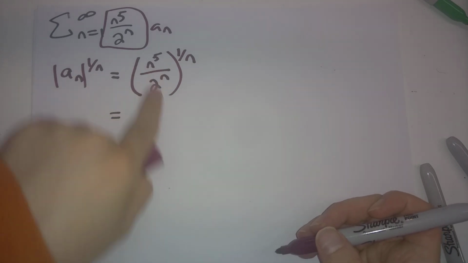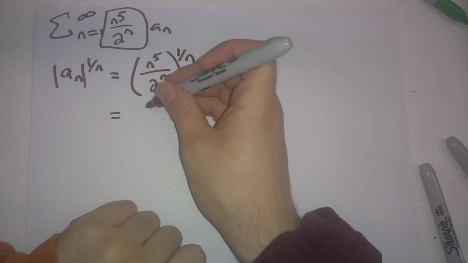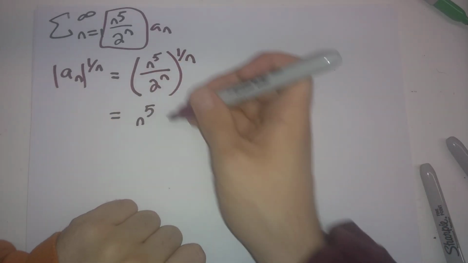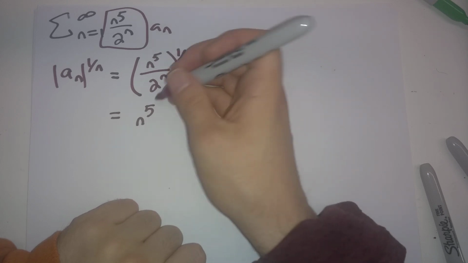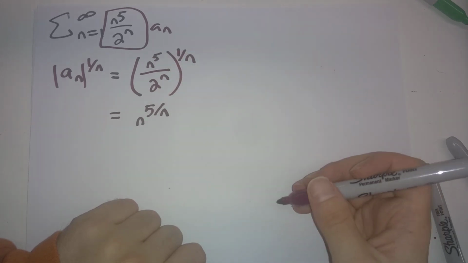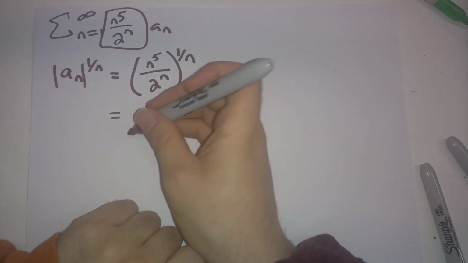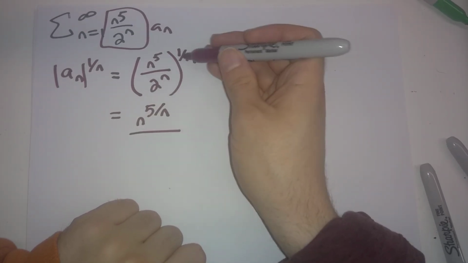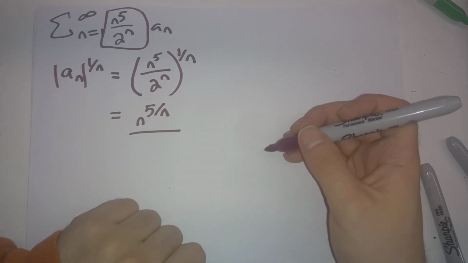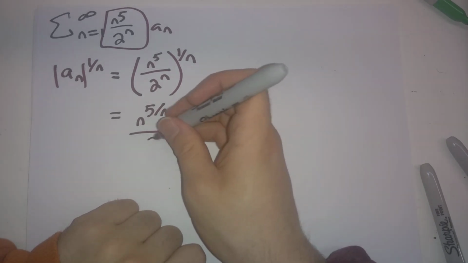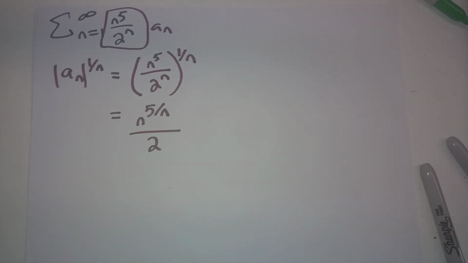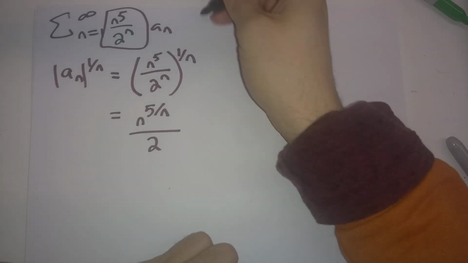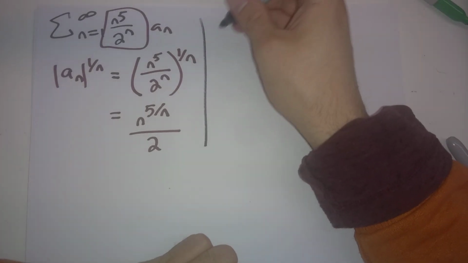And so I can break this up, numerator and denominator separately. So n to the 5th to the 1 over n power is n to the 5 over n power. And 2 to the n to the 1 over n power, the n and the 1 over n multiply together to give you 1. So I just have this here. So this is the expression I need to take the limit of.